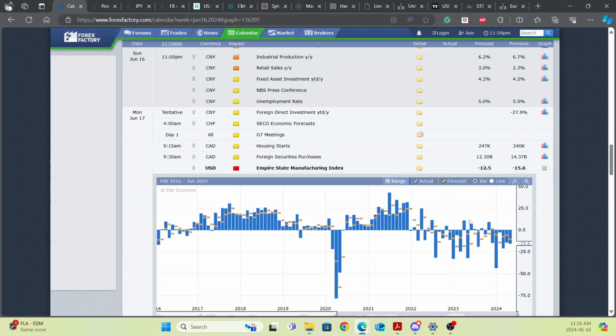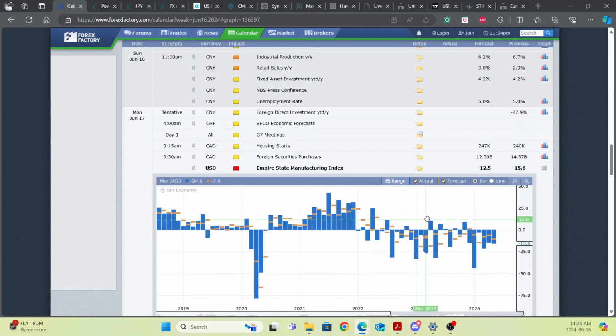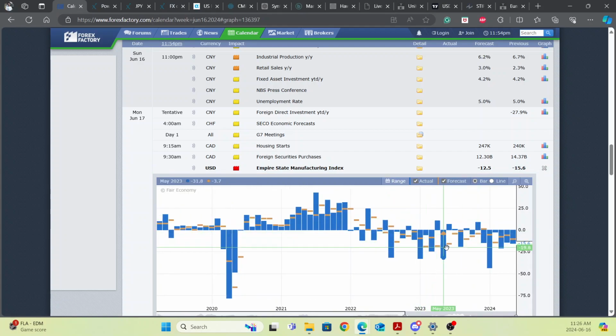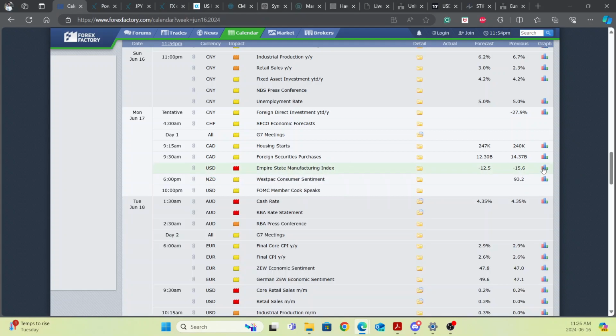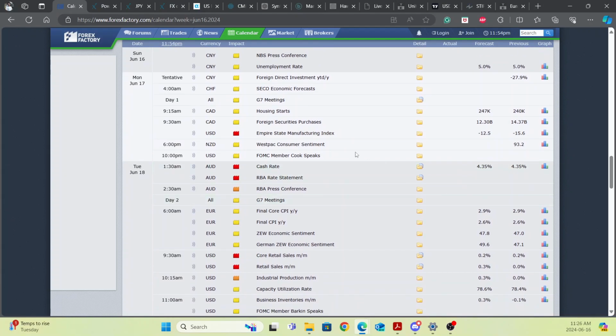However, this data is really volatile because sometimes the market expected negative 20 and it came positive, and sometimes the market expected positive and it came negative. It never comes as expected, and I really don't try to chase this data.